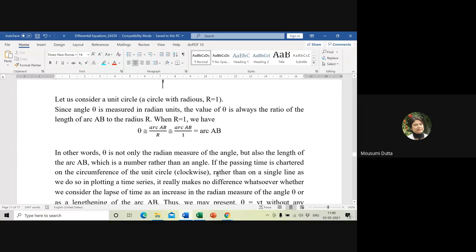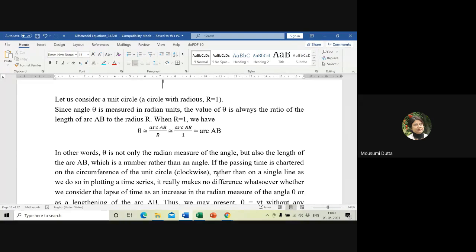Okay, so we are moving one step. We started with an angle theta. Now we are finding that for a unit circle, this theta is equivalent to the length of the arc. The length of the arc is a number, so theta can be replaced by a number.